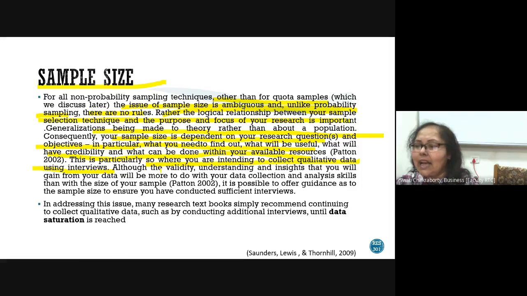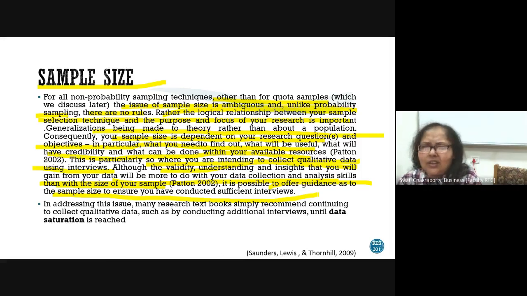Although the validity, understanding, and insights that you will gain from your data will be more to do with your data collection and analytical skills than with the size of the sample. So it's more on the analytical skills and your data collection than the sample size. So it's possible to still offer guidance as to the sample size to ensure that you have conducted sufficient interviews.